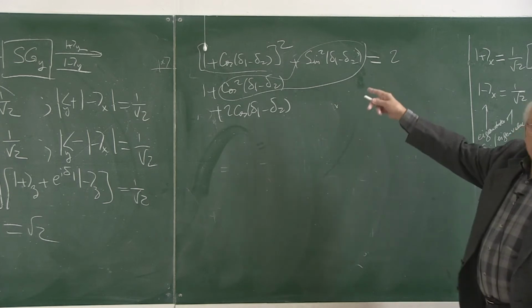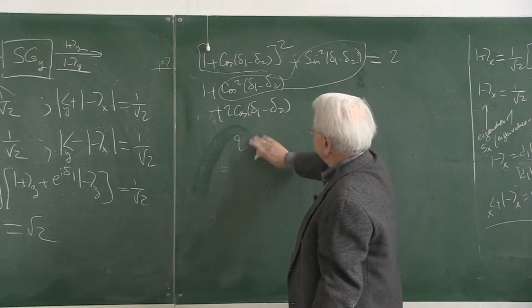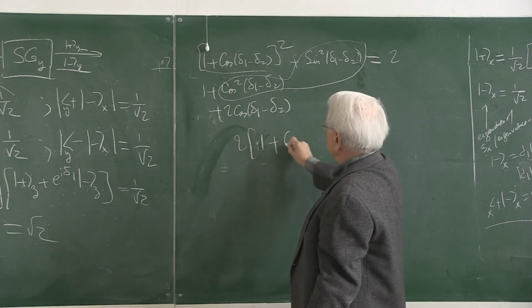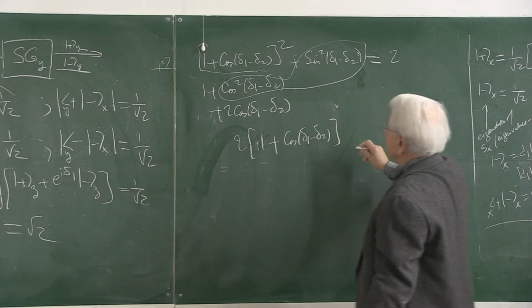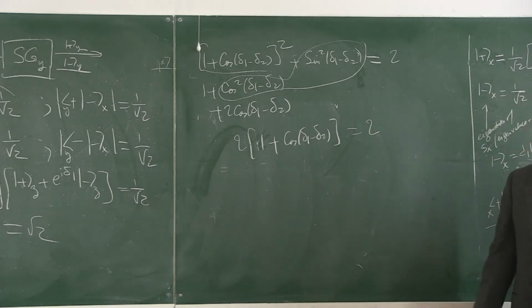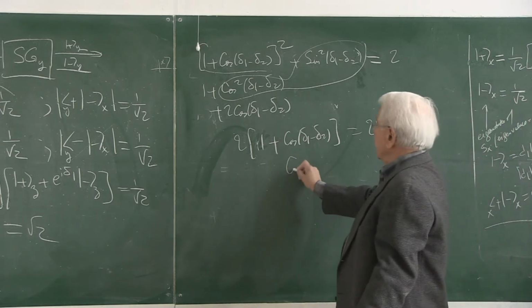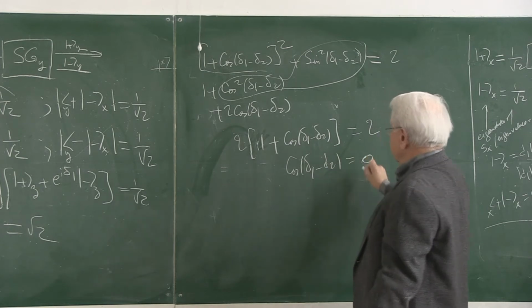So 1 plus 1 is 2. So I have 2 plus 2 cosine of delta 1 minus delta 2 is equal to 2. The 2's cancel, and you have cosine of delta 1 minus delta 2 equal to 0.